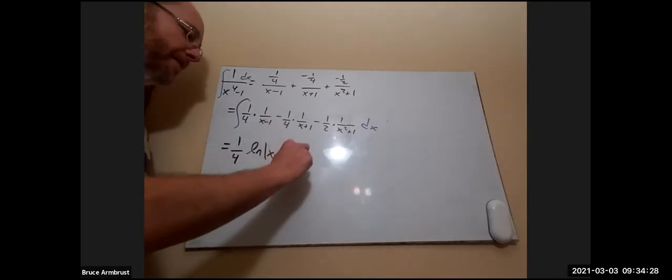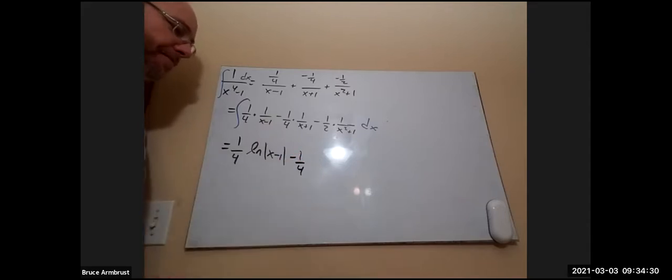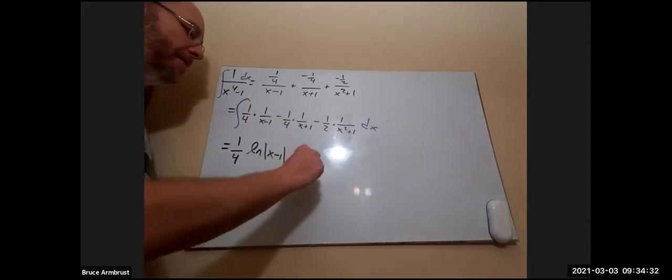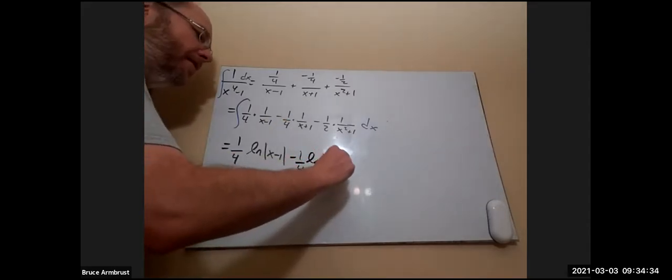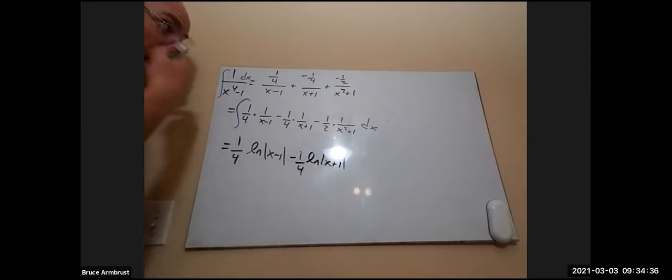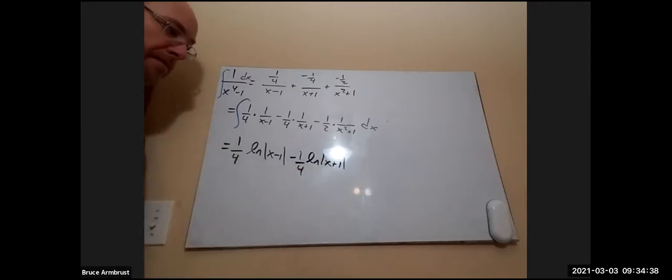All right, so the next piece, we got a minus 1/4, 1 over x plus 1. That's also a natural log. The natural log of x plus 1. All right, so then we get to the next piece. We got a minus 1/2.